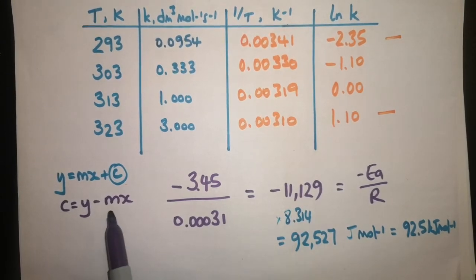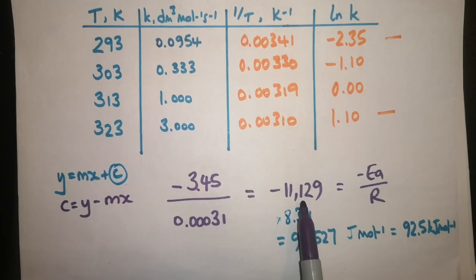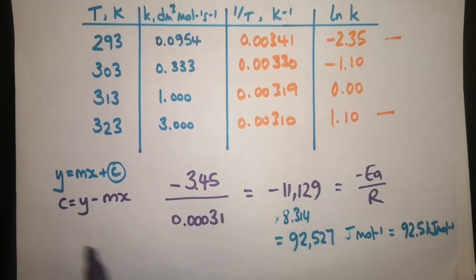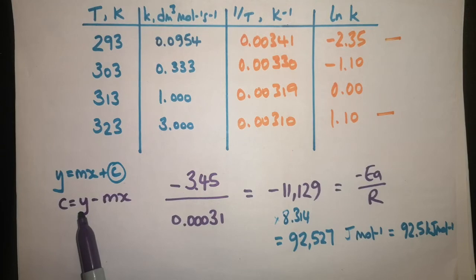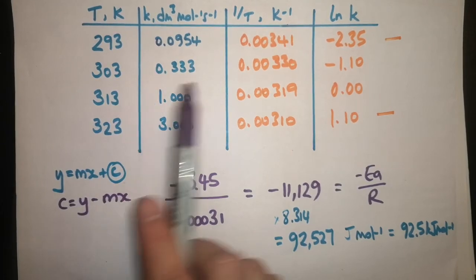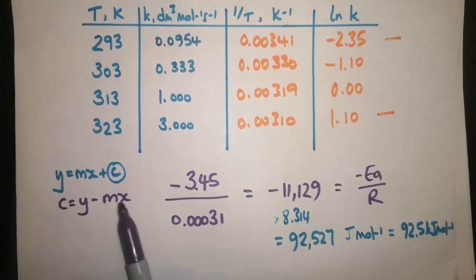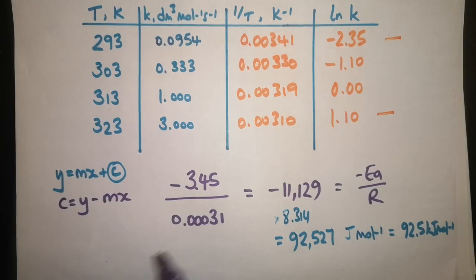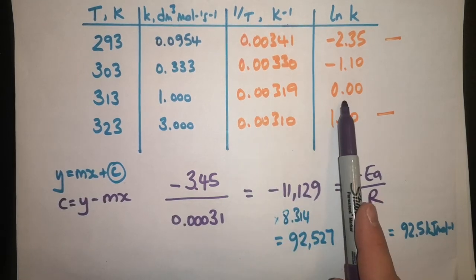M is the gradient, this is the value. So all I need to do is take any corresponding value of y and x from my table and plug these numbers in. I could take any of these, so let's say I take this one because it's nice and easy, because it's got a 0 in it.